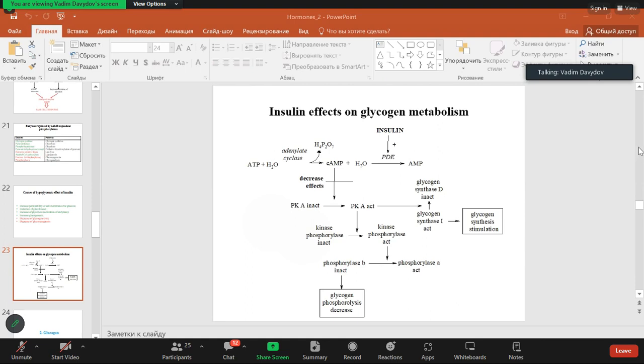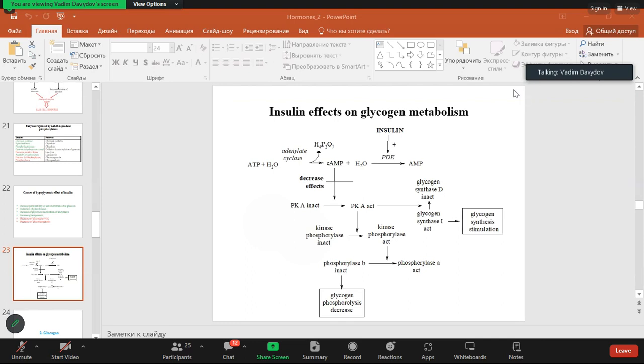All those effects of insulin are the basis of hypoglycemia. But you must know about the effect of insulin not only on carbohydrate metabolism; you must know about its effect on lipid metabolism too. What do you have to know about that aspect?